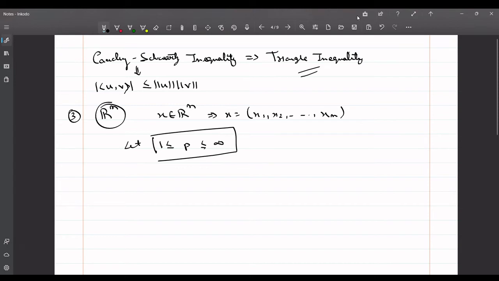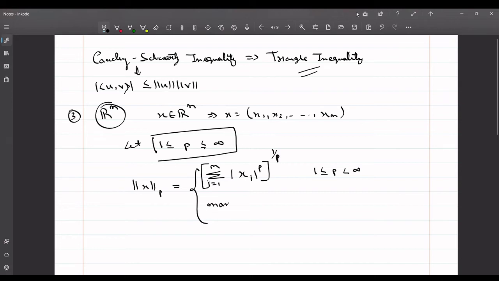So we define what we call a p norm. The p norm of x is defined as the summation from i equals 1 to n of the modulus of xi raised to the power p, and this whole sum raised to the power 1 over p. This happens if p is a finite number.